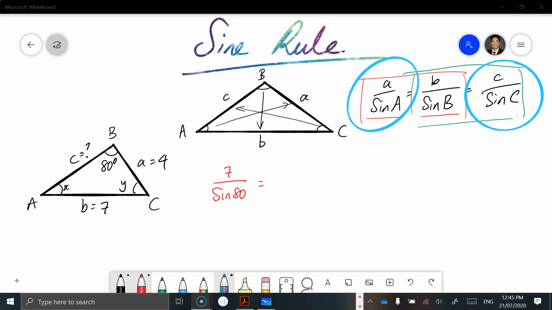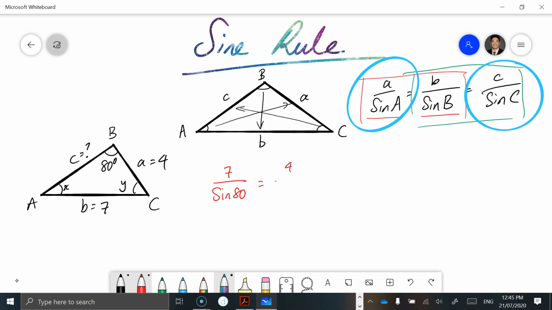So what I'll see is that, well, we've got a, which is 4. So we could say that this ratio is equal to 4 over sine of x, which is what we need to work out. Okay, and then it's just algebra. It's just using your knowledge of linear equations to work out what the angle is.